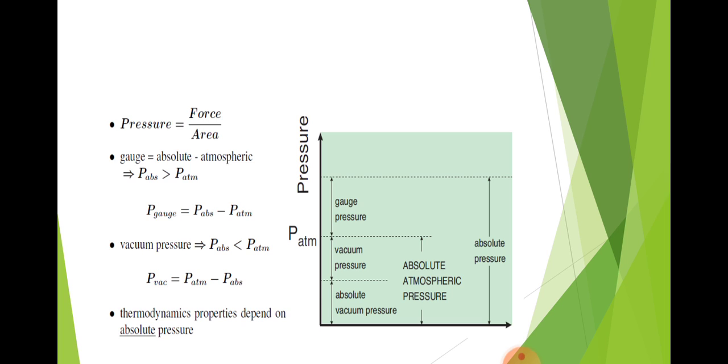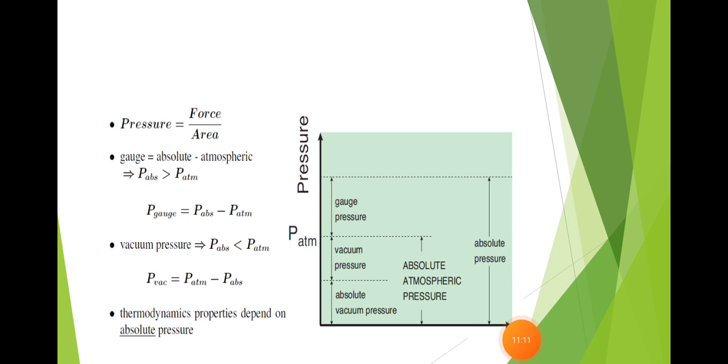In such cases, the instrument used to measure the pressure is the vacuum gauge. It records the difference between the surrounding atmospheric pressure and that within the vessel in millimeters of mercury. A vessel having no pressure within it is said to have a perfect vacuum. Means when the vessel has no pressure, at that time there is a perfect vacuum condition.